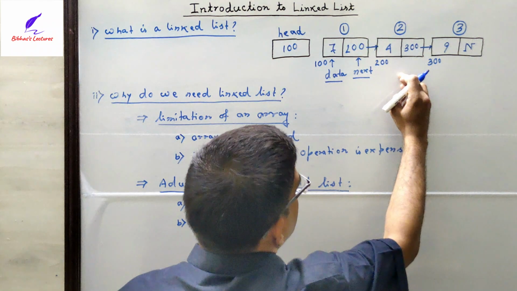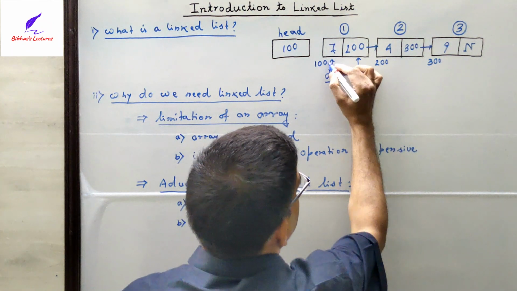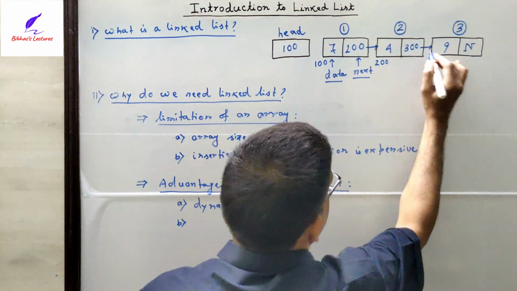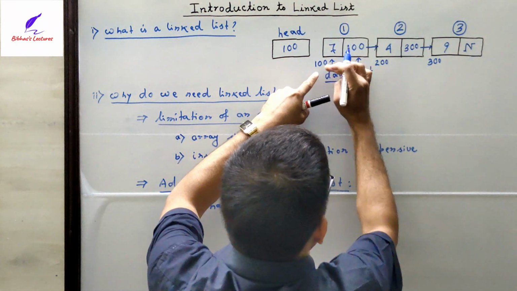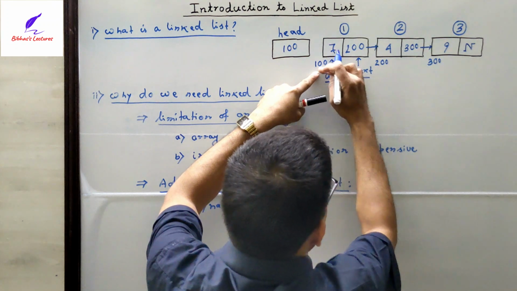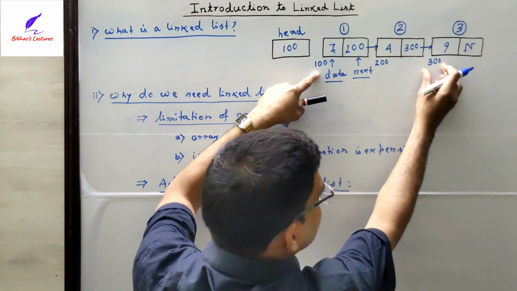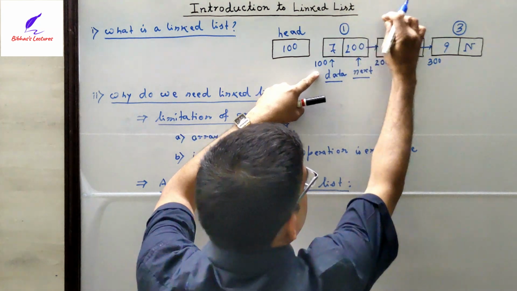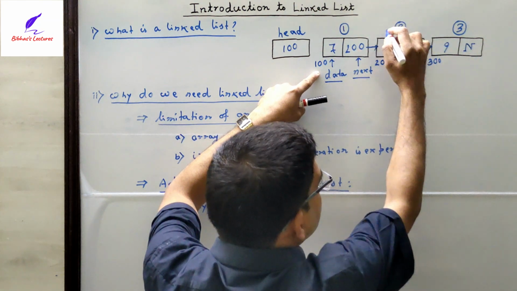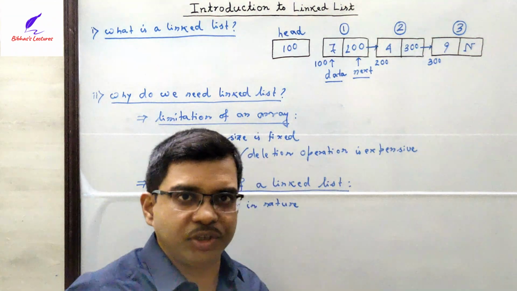So what you have to do, you have to just make a connection between 100 and 300, that means between first and third node. So after first node, third node will come, so 100's next part will contain the address of the third node, that is 300. So here in place of 200 we will store 300, and then we will delete this node. So no shifting is required.